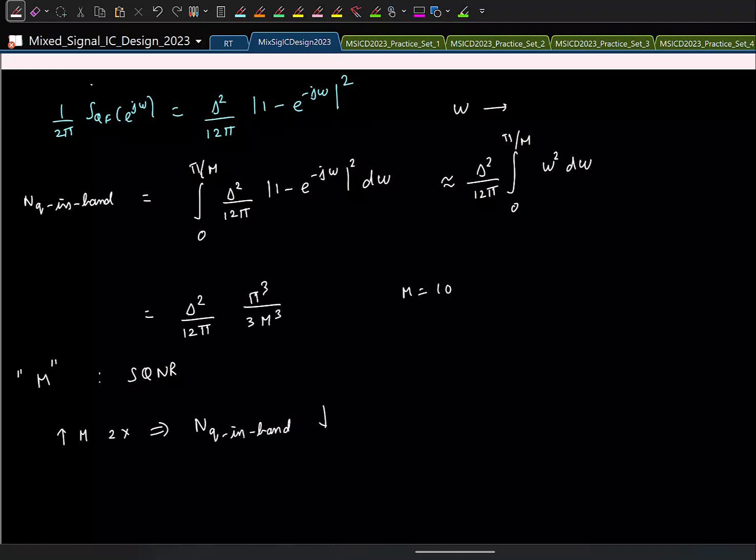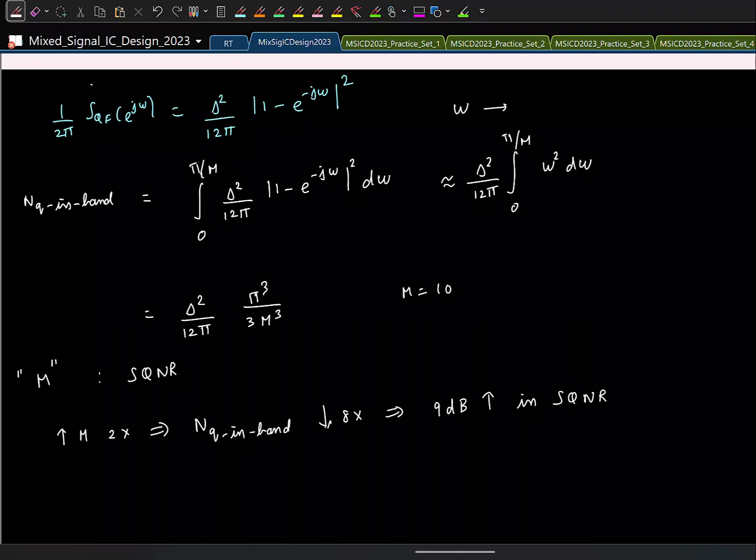It will reduce by 8x. How many decibels does that correspond to? 2 times reduction is how much dB? 10 log 2 is 3. 8 is 2 cube, so it's 9 dB. So it will mean a 9 dB reduction in noise power, or a 9 dB increase in SQNR.